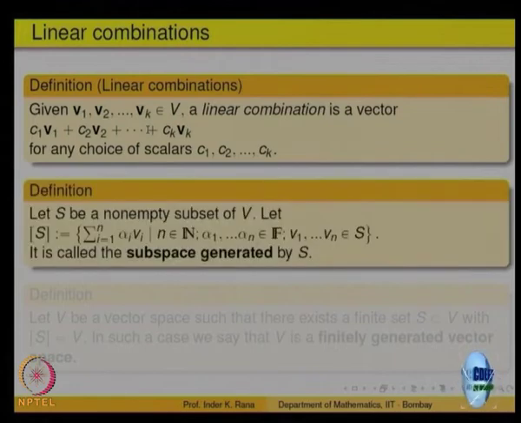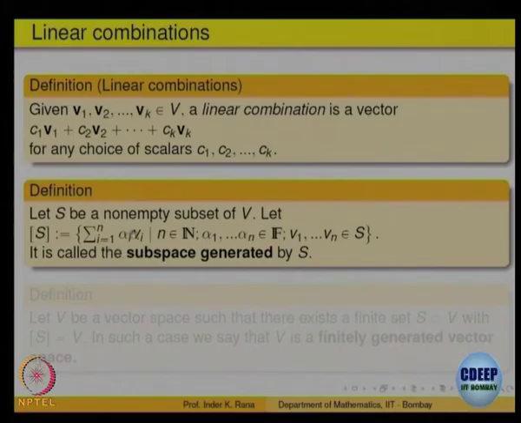Given a set S, a subset of V, look at all sums of alpha i V i, where n could be any number, 3, 4, n. You choose any finite number of elements V1, V2, ..., Vn in S, take the same number of scalars in F and form that linear combination.